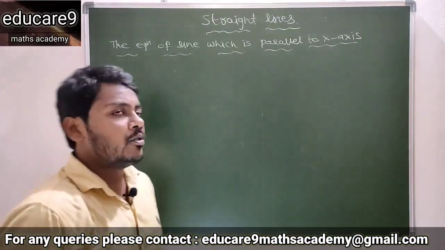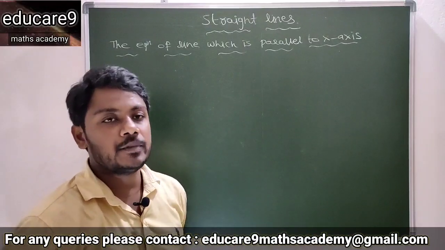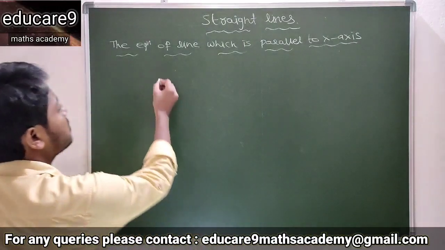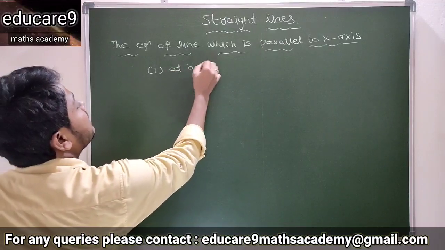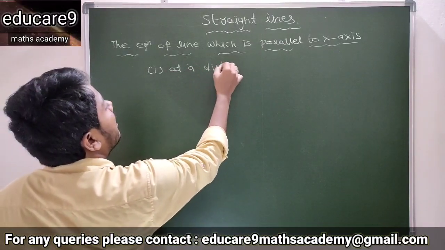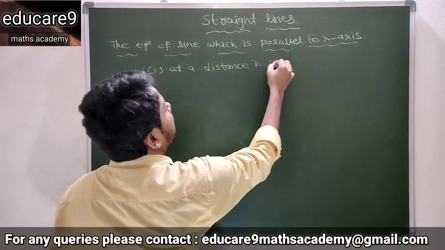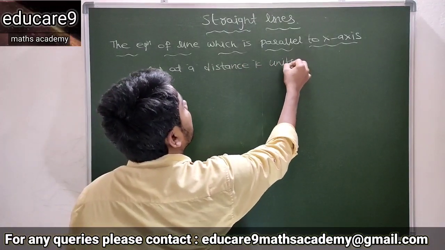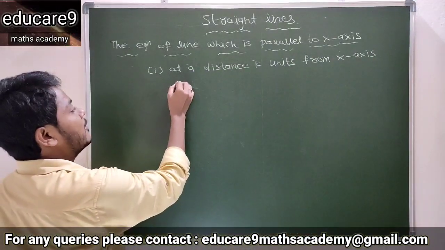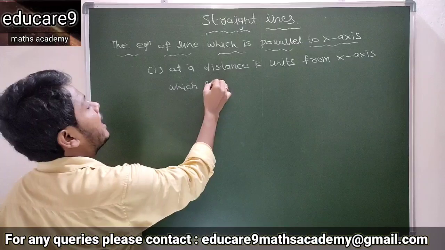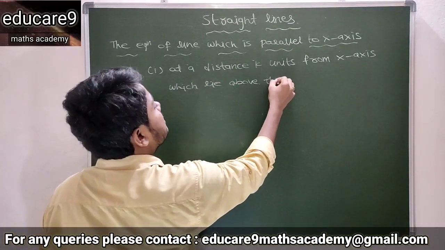Now you have to find the equation of the line which is parallel to the x axis. Here there are two possibilities. The first one: at a distance k units from the x axis, which lies above the x axis.